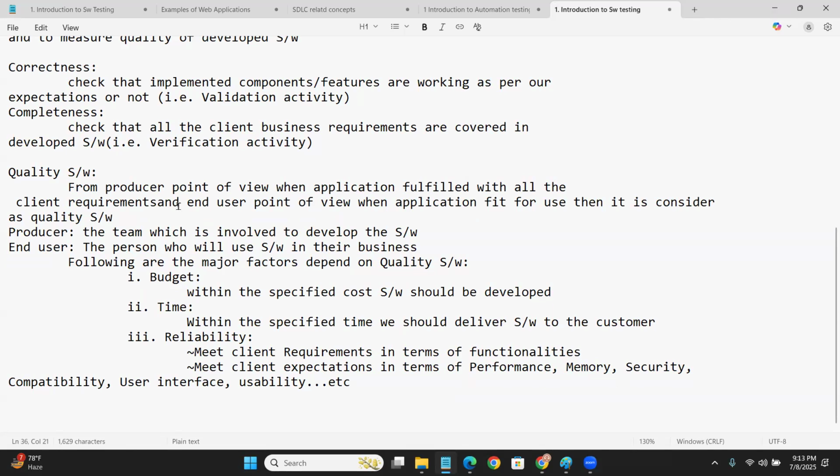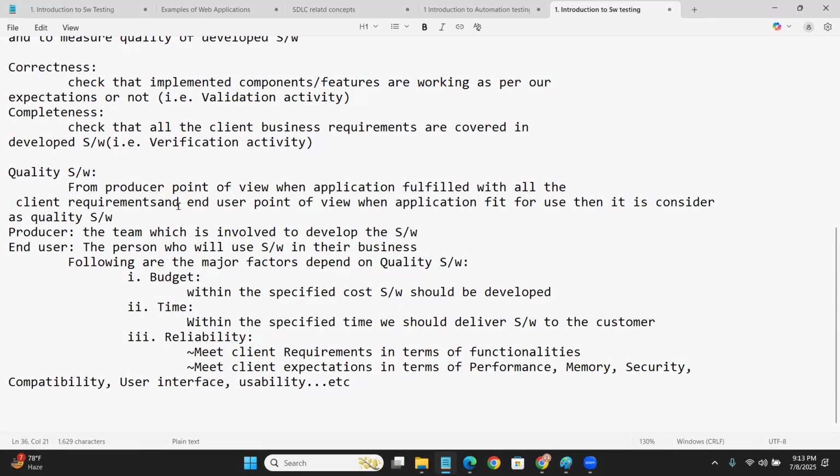Make sure the software is developed within that specified cost. Then time, in-time release. If the client expects the project within 8 months, we have to deliver the software within 8 months.